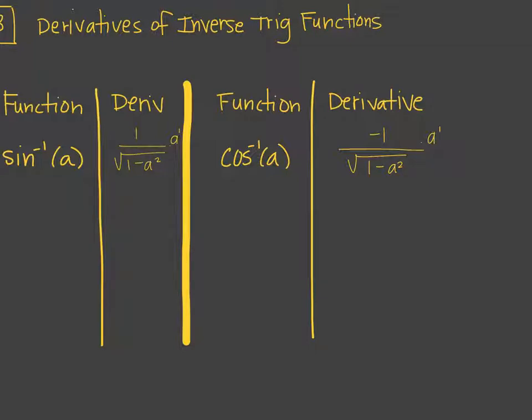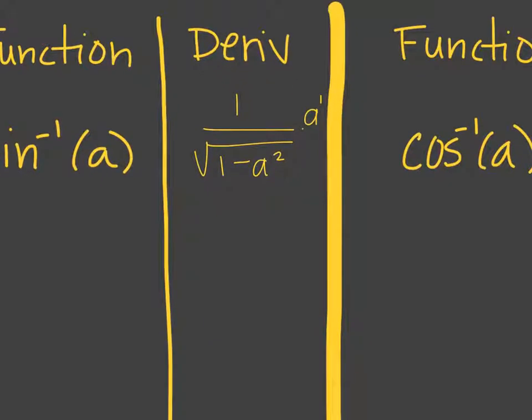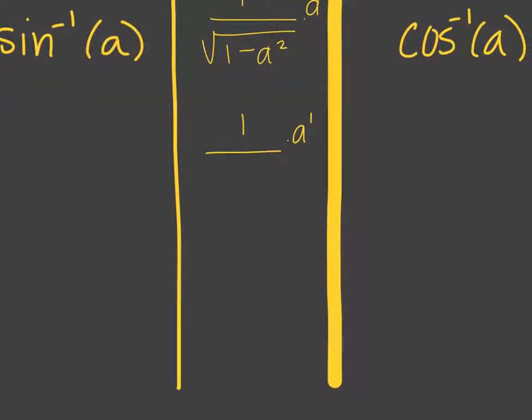So the pattern to all of these is as follows. All of the derivatives are 1 over something with a chain rule. So we're going to do inverse tangent, inverse secant. So it's always 1 over times the chain rule.